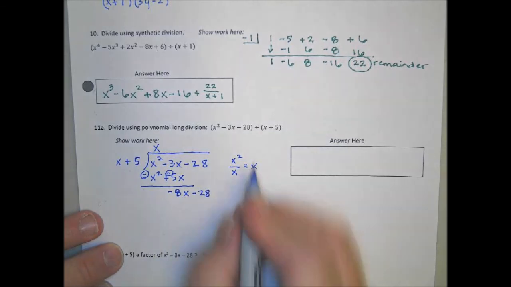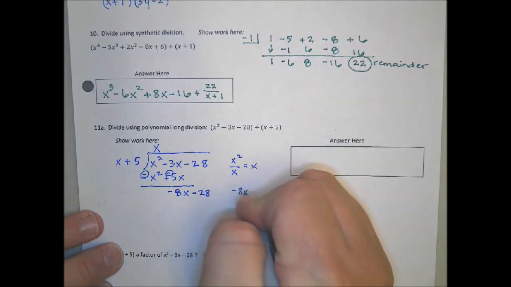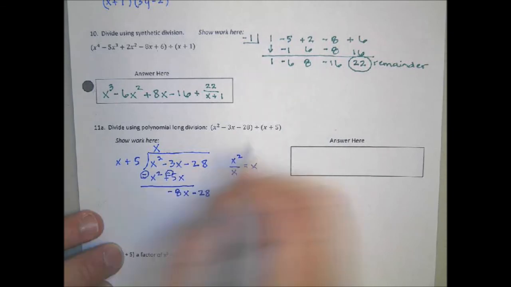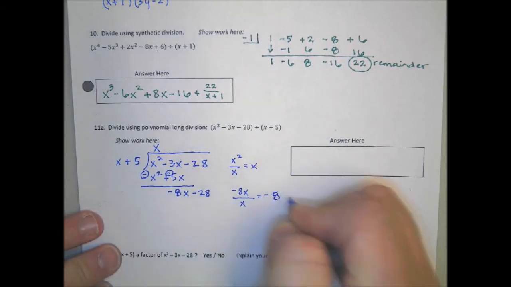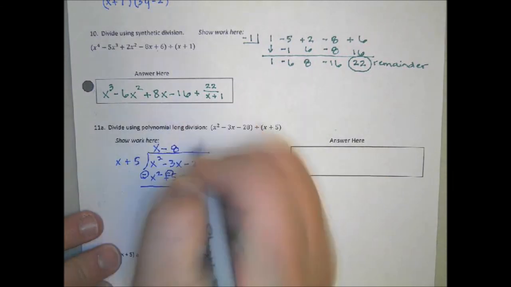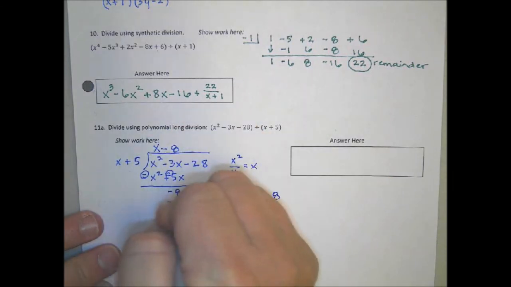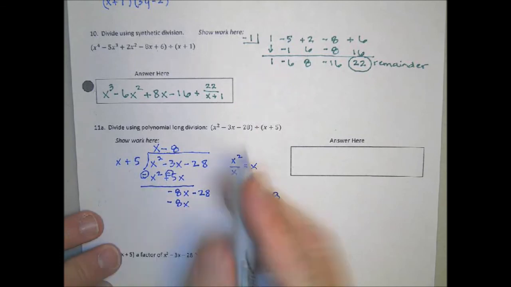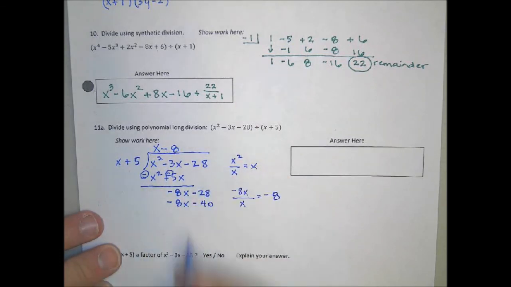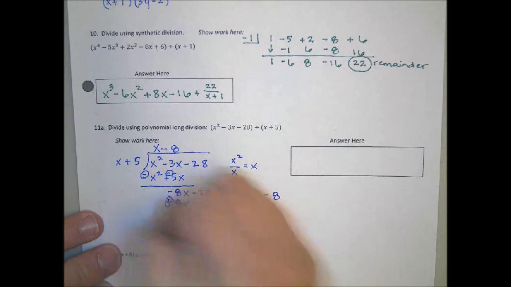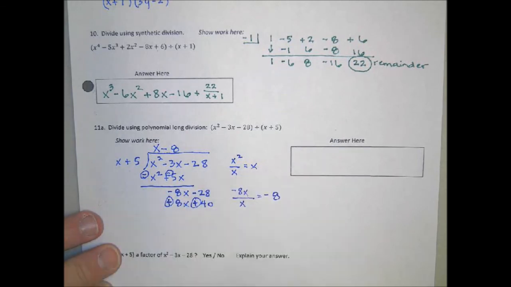Take the first term, which is -8x. Divide by the first term over here, which is x. And so that's -8. -8 times x is -8x. -8 times 5, -40. Change the signs. So that becomes a plus, and that becomes a plus.